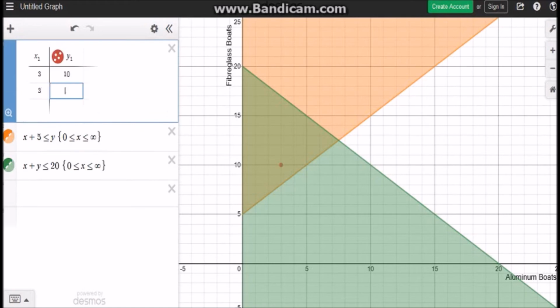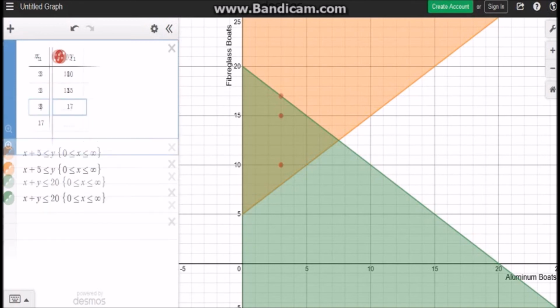On another day, I could make 15. And on another day, I could make 17 of those boats. Notice though, if I go a little bit beyond 17, let's say I made 25, 25 is too much. Let's do 22. I'm still within one inequality, but I'm not within both inequalities. So this is no longer a valid solution.